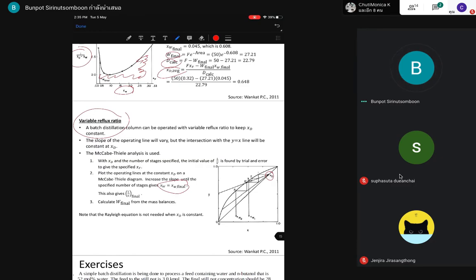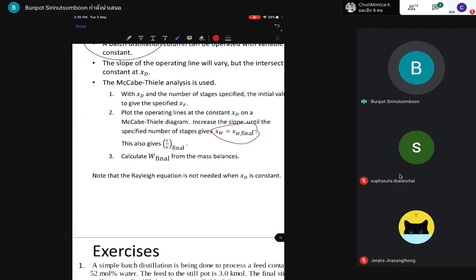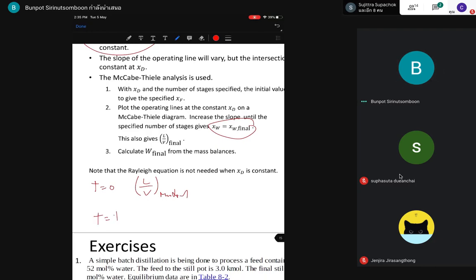At time equal to 0, you have L over V initial, right? And when t equals t final, you get L over V final.